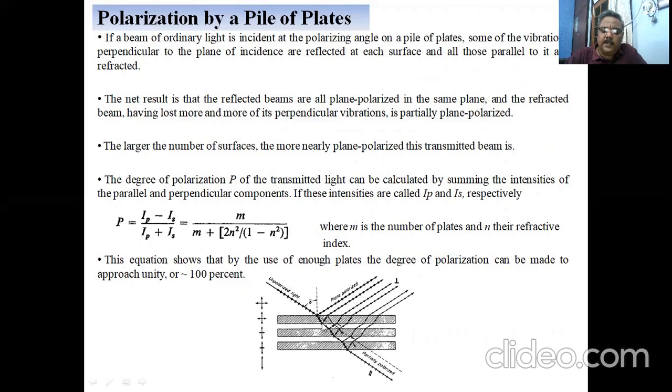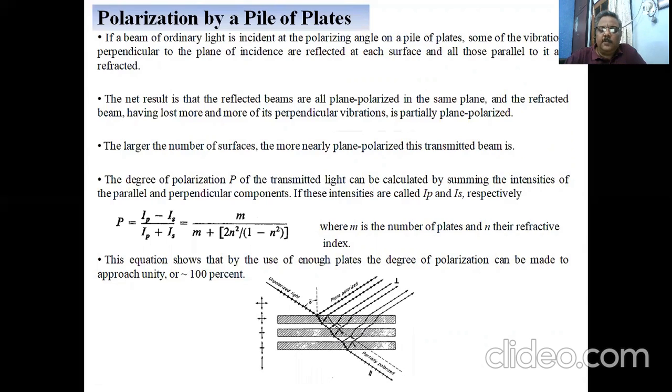Here some are reflected, some will be reflected from other surfaces, and so on. And the resultant will be that after a certain number of plates, all the vibrations in the perpendicular direction have been reflected, and what is remaining is the vibration in the other direction only.